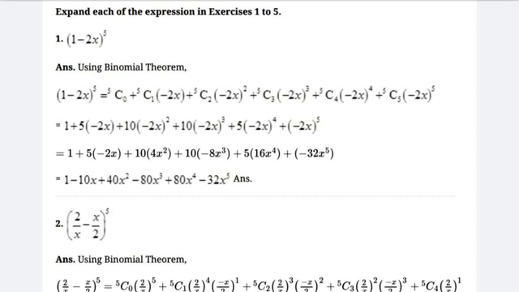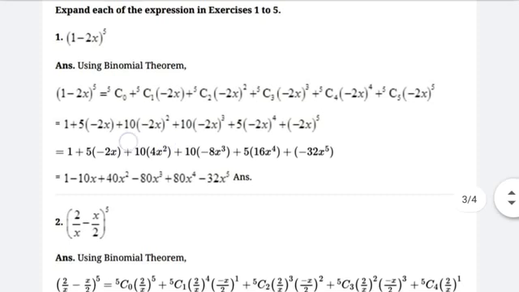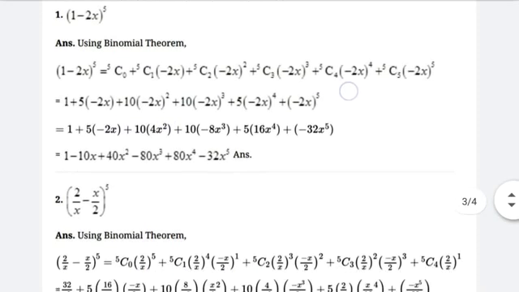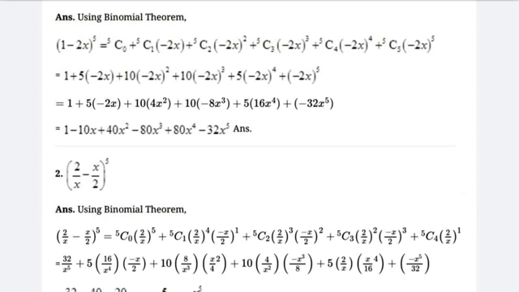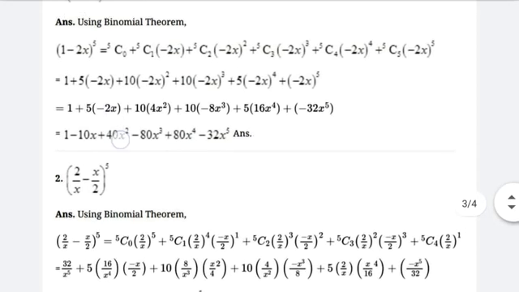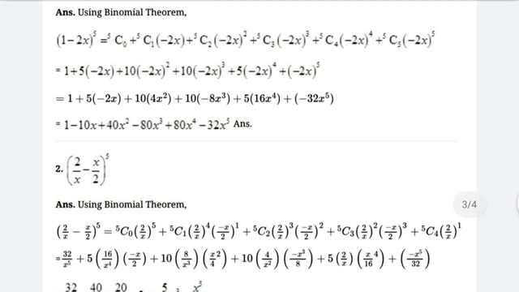Now, expanding this more, that is 1 + 5(-2x) + 10(4x^2), and so on. Simply add the given values. This is the required solution, that is 1 - 10x + 40x^2 - 80x^3 + 80x^4 - 32x^5.